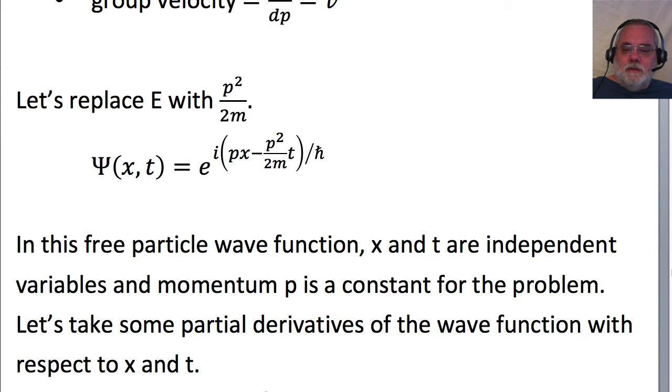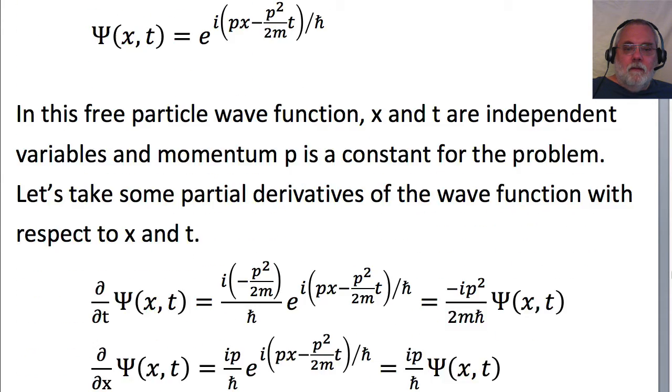Let's take some partial derivatives of the wave function with respect to x and t. If you don't know calculus, just accept the results that I'm going to give you. If we take the derivative of psi with respect to t, we bring down a factor of i times quantity minus p squared over 2m divided by h bar.